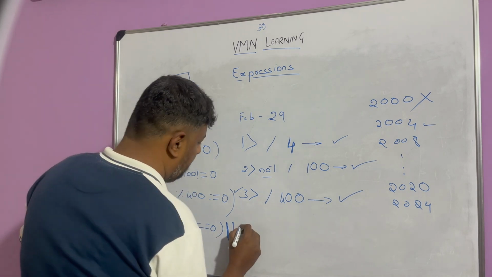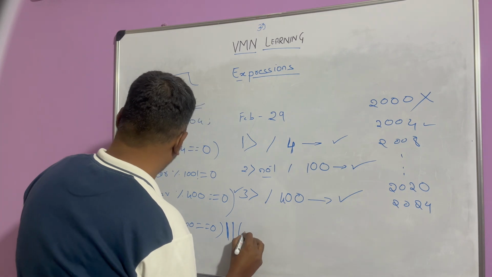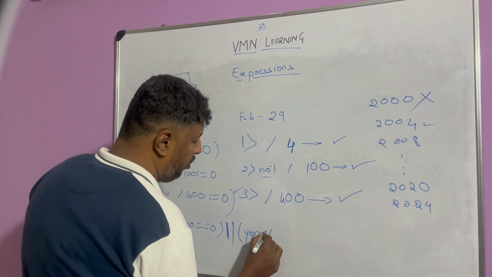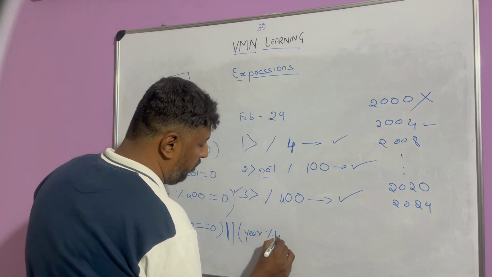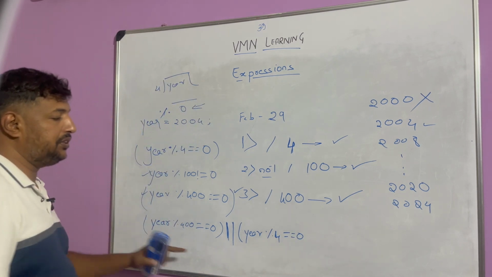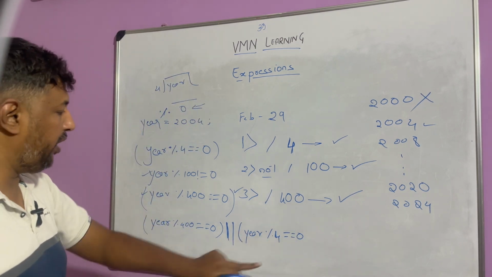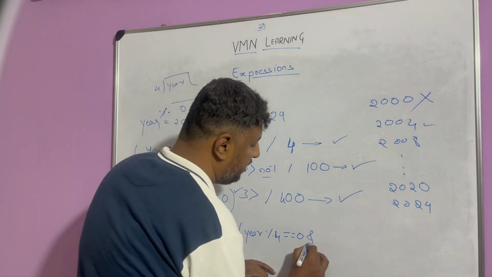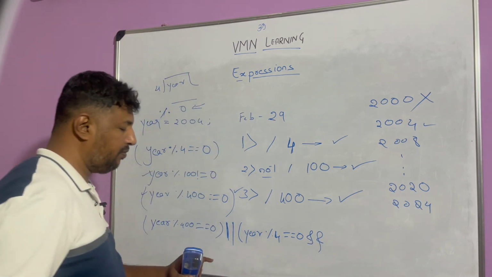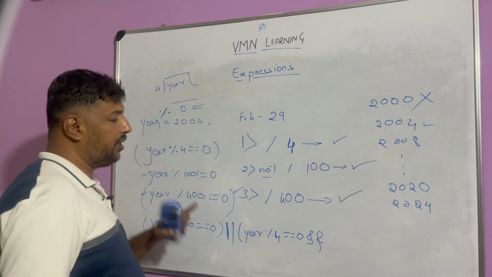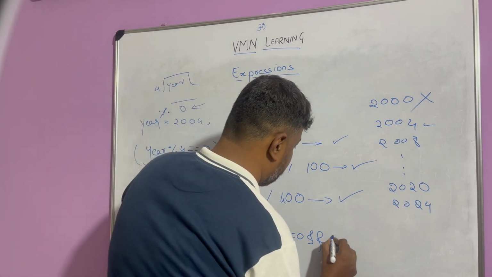Now here you can see year modulo 4 is equal to 0, which should always be 0, and here year modulo 100 should not be equal to 0.